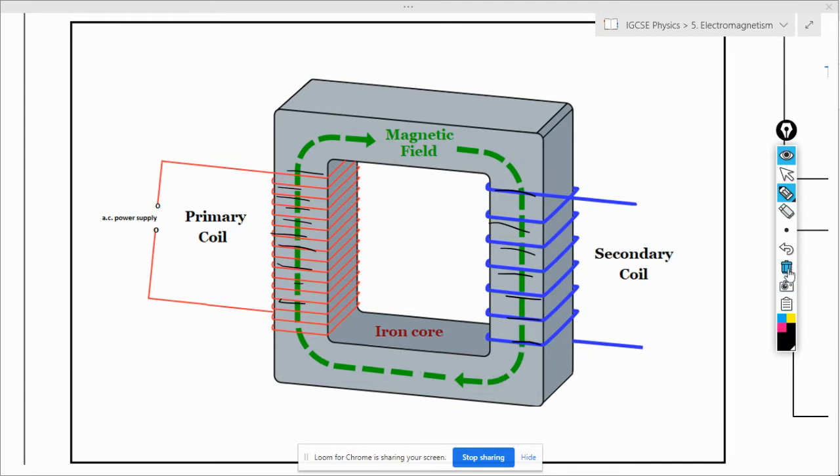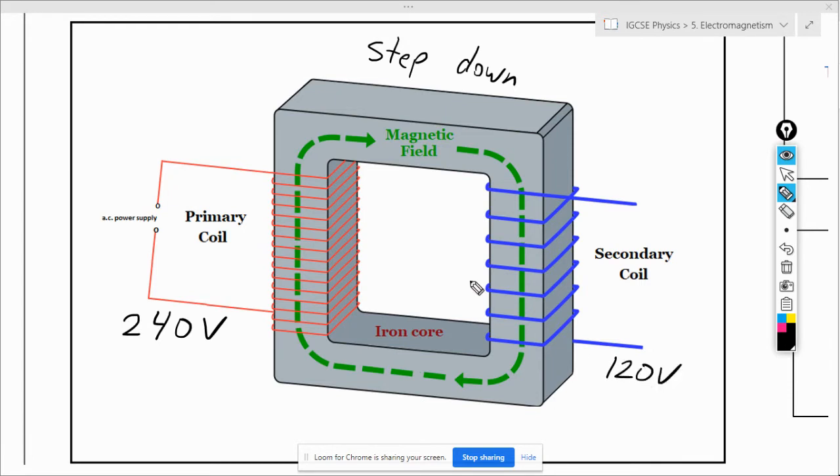So our secondary coil has only half as many turns as our primary coil, which means this transformer would be a step down transformer. If there's half as many turns on the secondary coil as on the primary coil, then if this were a 240 volt input, it would turn it into 120 volts. It's a step down transformer.